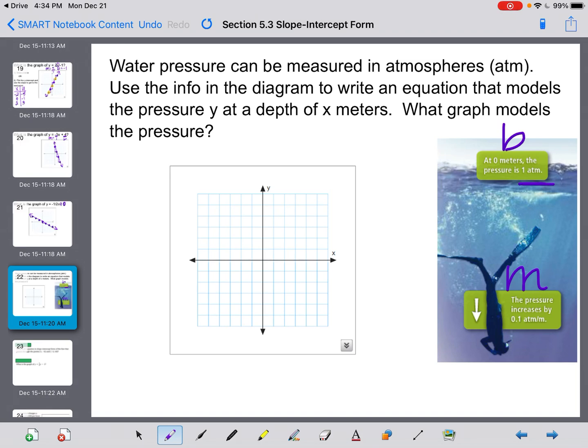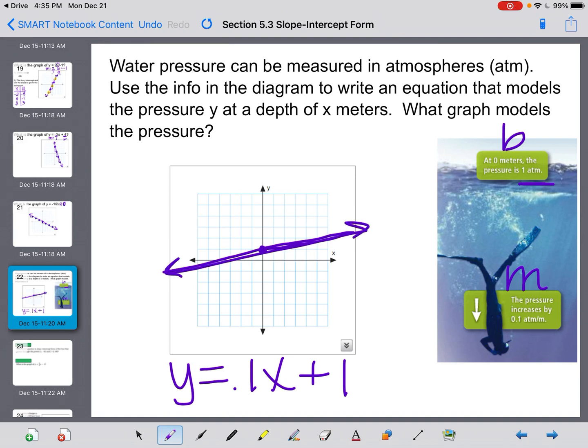So we have an equation of y equals 0.1x plus 1. So we would start at 1, and we'd only be able to go up 1/10 for every 1 meter, which is going to be really, really slight, but it's going to grow, something like that.